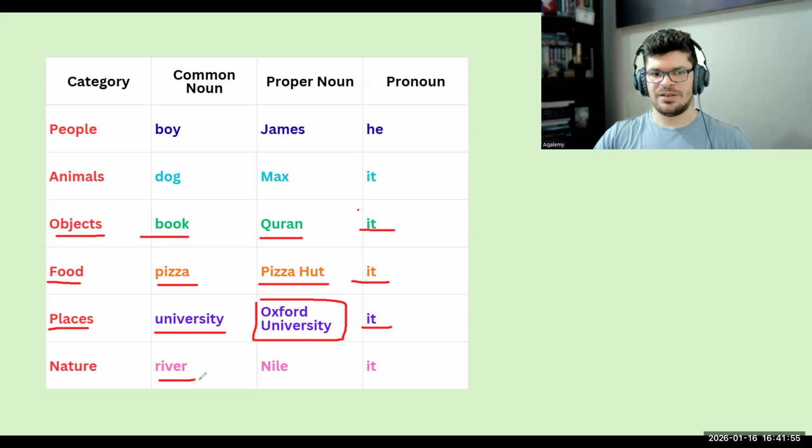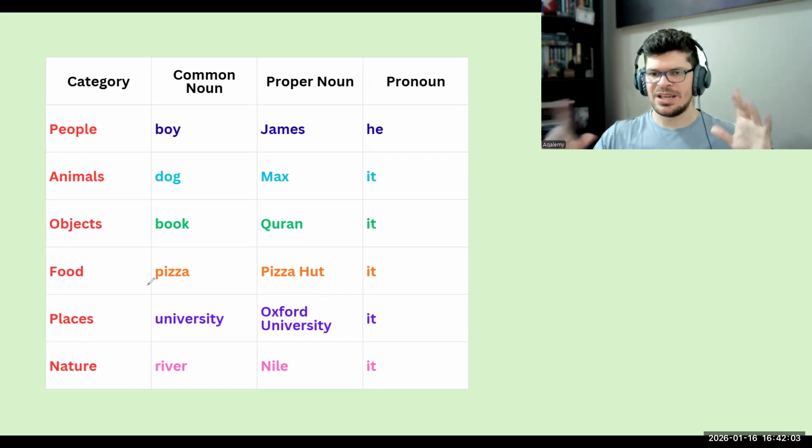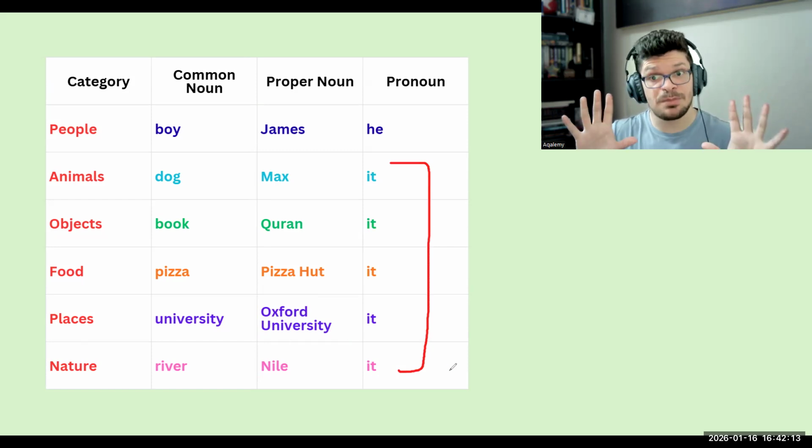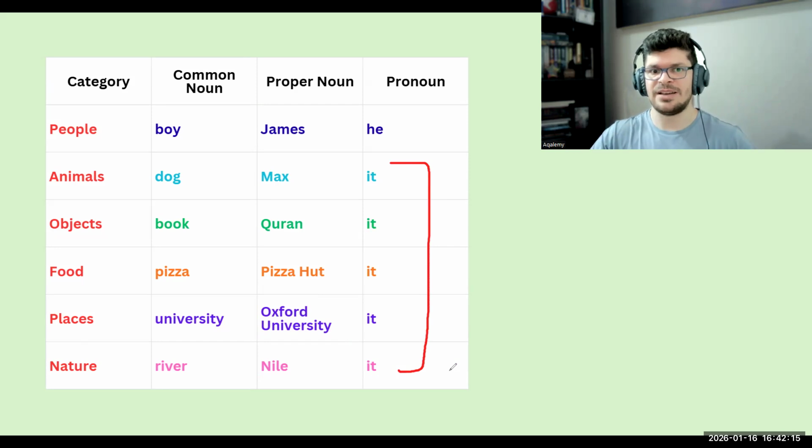Nature, river, Nile River, it. The only time we use he, she are for human. Other situation, it. We don't have he or she for nature. Some people use, but it's not good idea. For animals, people use he, she for animal.